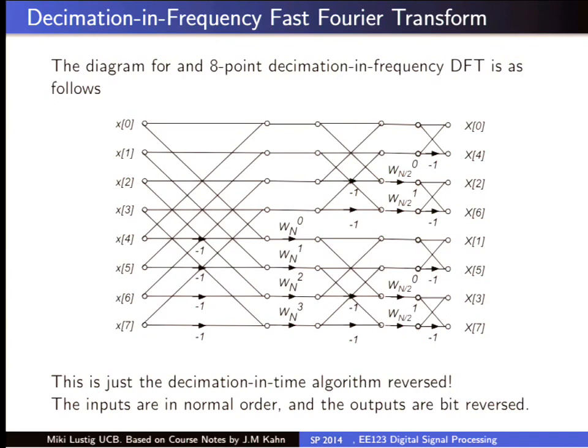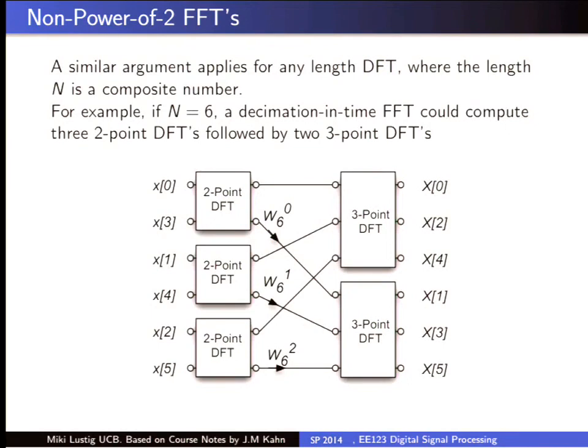Well, actually, there's something you could do about this. You don't have to decompose this into just power of 2 DFTs. A similar argument that we did applies to any length of DFT, where the length n is a composite number.